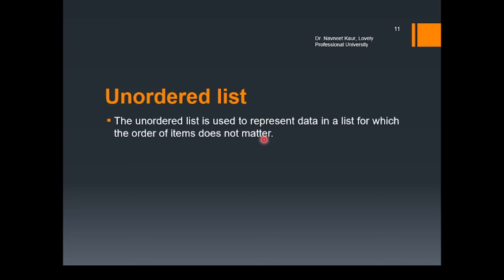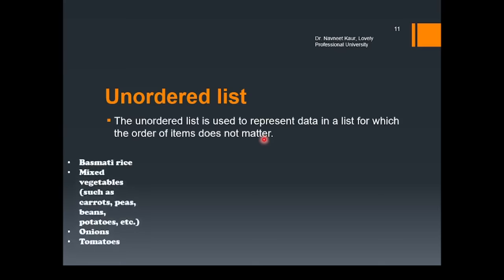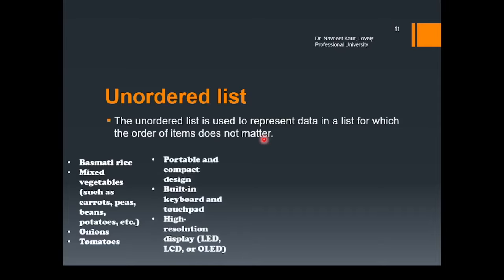For example, you may want to show a list of ingredients for a recipe, a list of features for a product, or a list of groceries to be purchased from a shop.